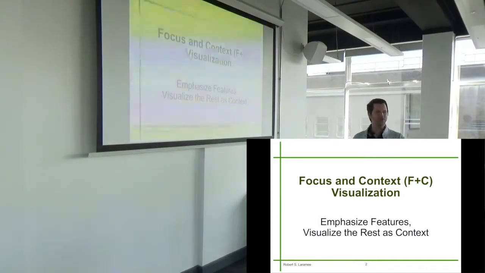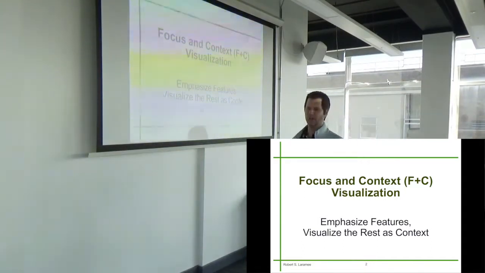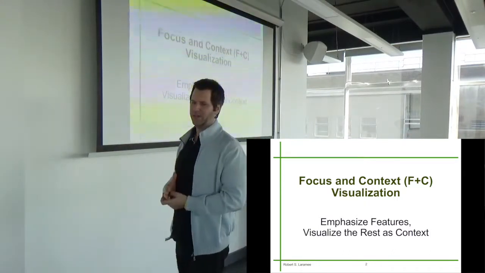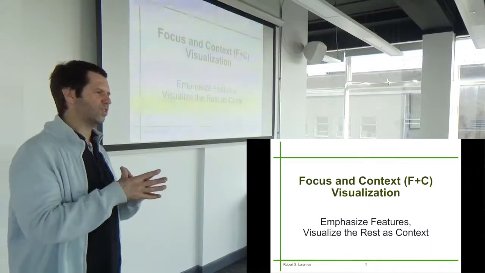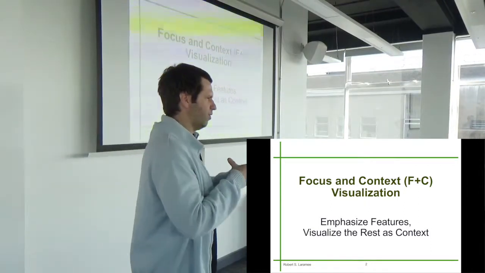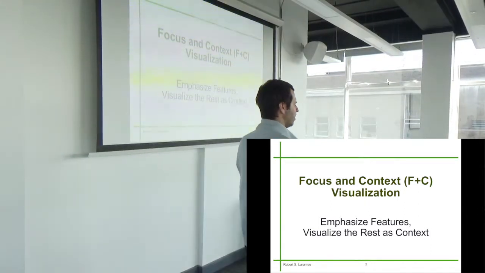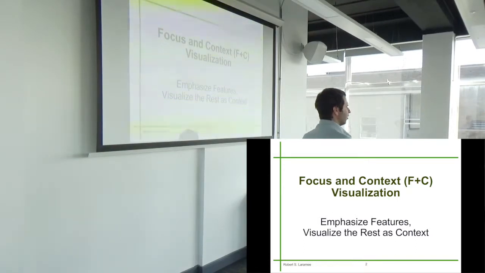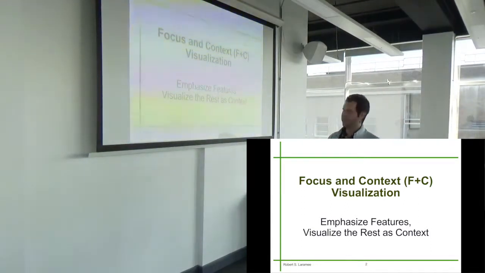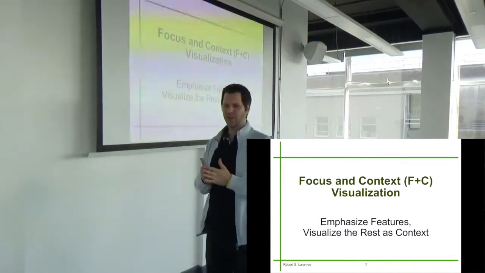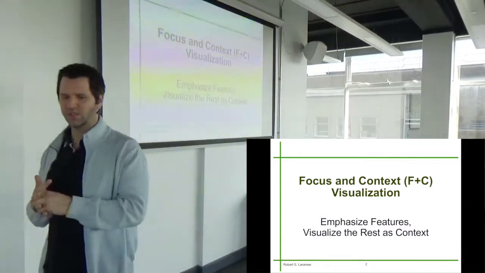And if some data is more important than other data, is there some way to handle that? Can we focus on a certain subset of important data, but still preserve the rest of the data as context, to keep us from getting lost? And that's what this topic is about. It's called focus and context visualization.